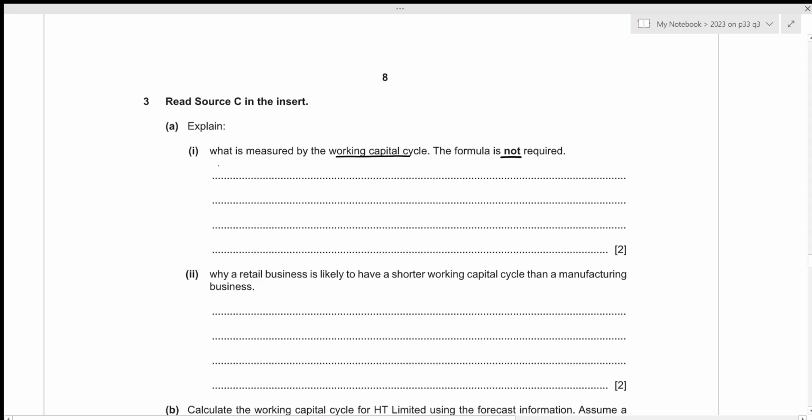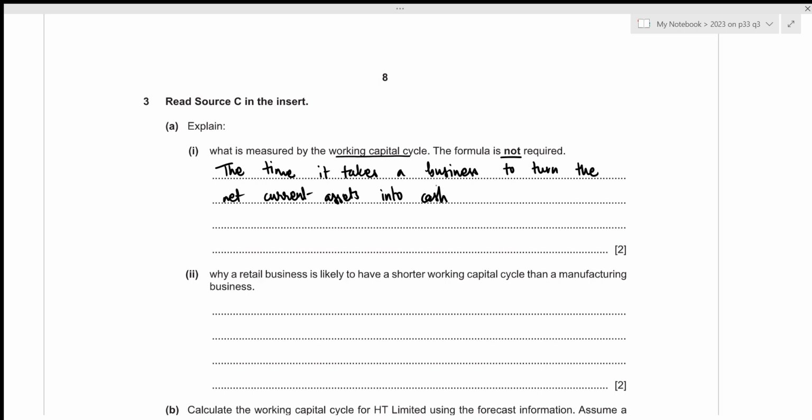Let's write it down. So it measures the time it takes a business to turn the net current assets into cash. And this is because this incorporates the inventory turnover, which calculates the time it takes the business to sell those inventories and convert them into cash.